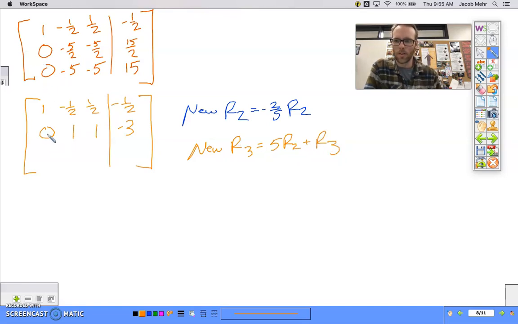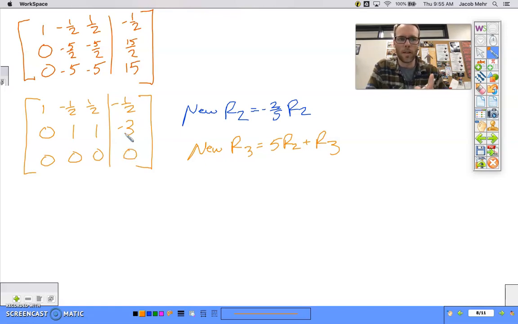So 0 times 5 plus 0 is 0. 1 times 5 is 5 plus negative 5 is 0. 1 times 5 is 5 plus negative 5 is 0. Negative 3 times 5 is negative 15, plus 15 is 0.